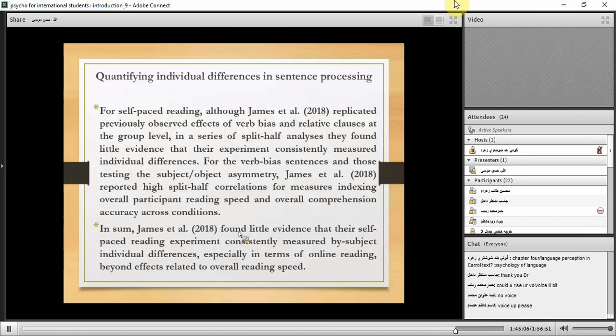They concluded that either there is simply no meaningful individual variation in the studied effects to systematically investigate in the first place, or the task did not properly measure them. Either way, these results raised serious challenges to the study of individual differences during sentence processing. Up to here, I finished my part.